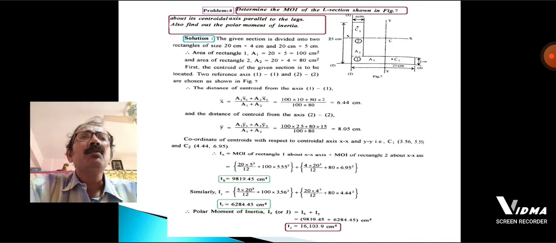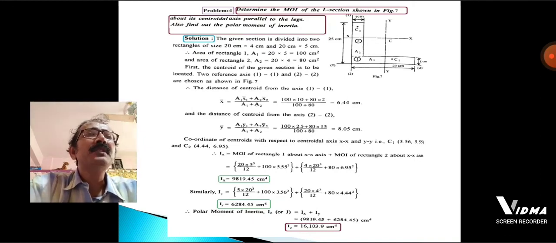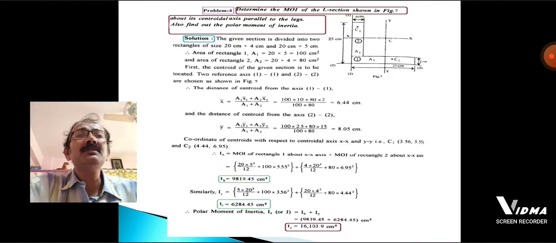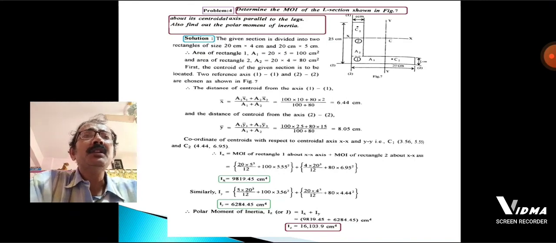Now the coordinates of the centroid with respect to the centroidal axes xx and yy: C1 is 3.56 and 5.55, and C2 is 4.44 and 6.95. Now I_x is the moment of inertia of rectangle 1 about the xx axis plus the moment of inertia of rectangle 2 about the xx axis. Finally if we put these two values, we will get I_x as 9819.45 centimeter to the power 4.